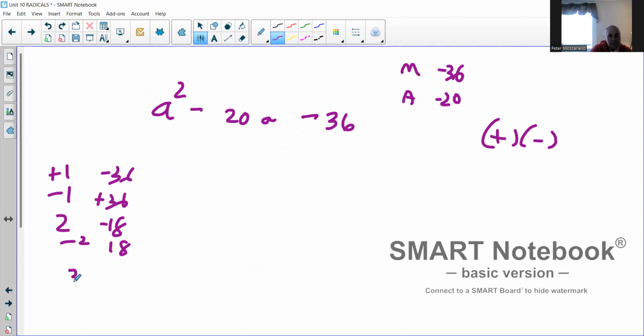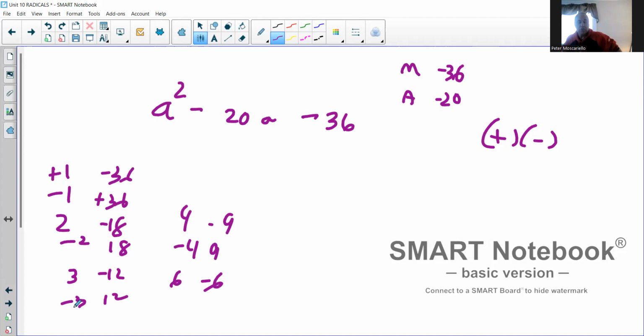Uh-oh. 3, negative 12, negative 3, 12, 4, negative 9, negative 4, 9, and 6, negative 6. Do any of these add up to negative 20? No, they don't. So this one cannot be factored. I didn't mean for that to happen, but it's good to see that too. What I think I meant was for this to be a 16. If that was negative 16a, then it would have been this combo.